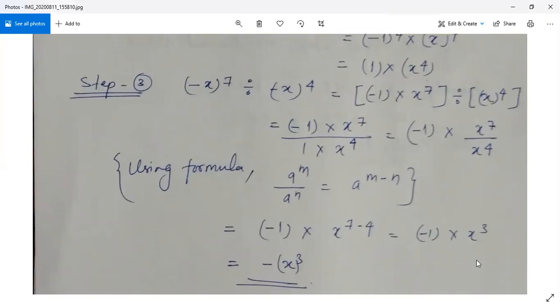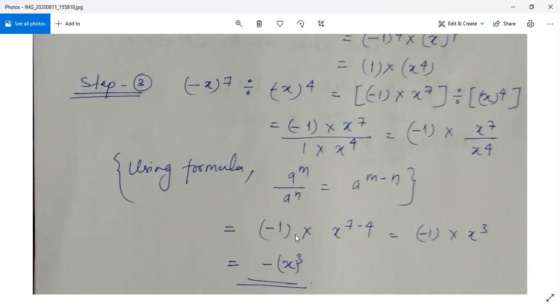Then again we will be using a formula here because the base is the same but the power is different, and these two exponents are in division form. So we will be using the formula a to the power m upon a to the power n is equal to a to the power m minus n.